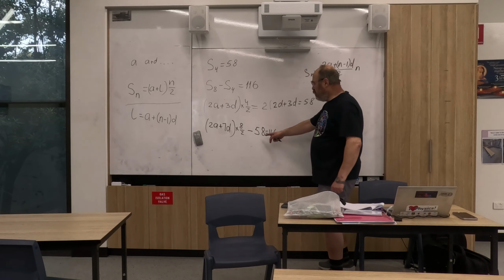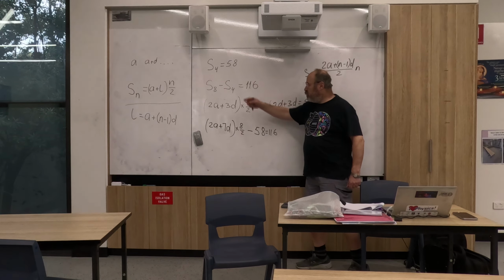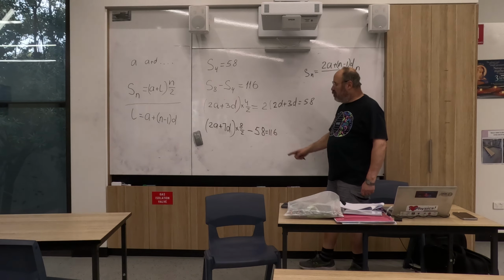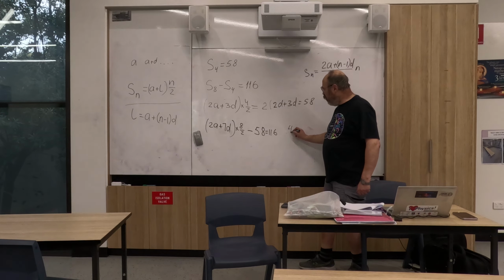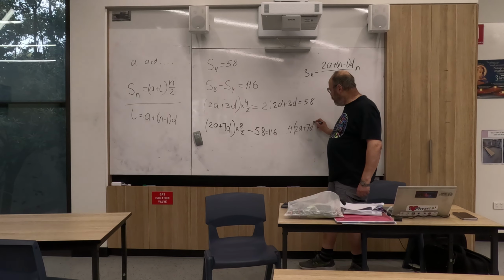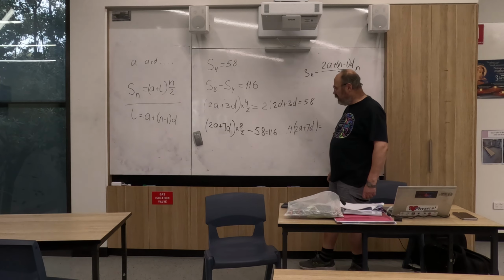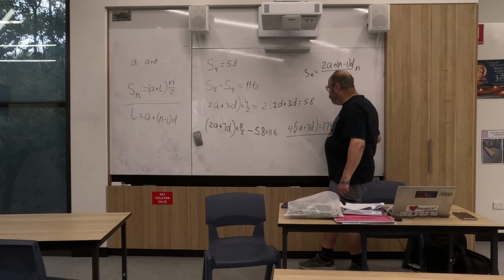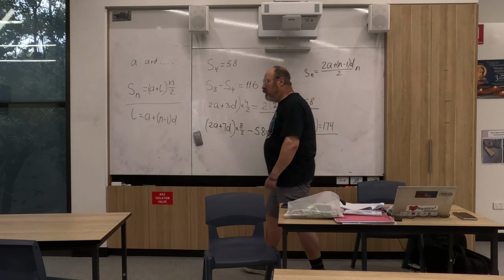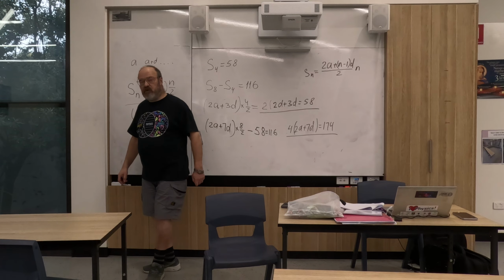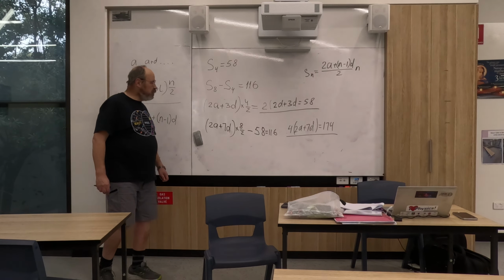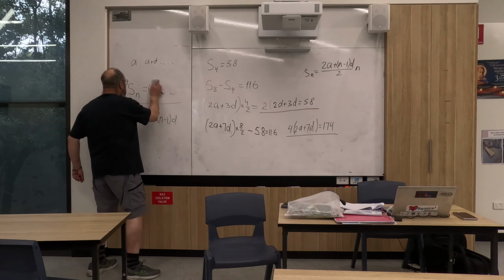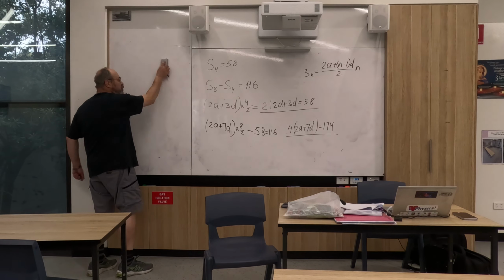Rewriting this equation, substituting 58 for S4, we get 4 times 2a plus 7d equals 116 plus 58, which is 174. We've got 2 simultaneous equations for a, the first term, and d, the common difference. Let's solve those simultaneous equations.